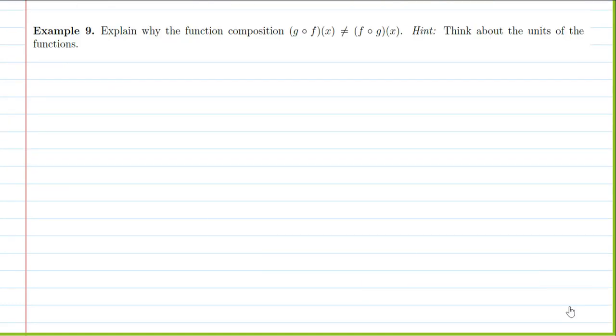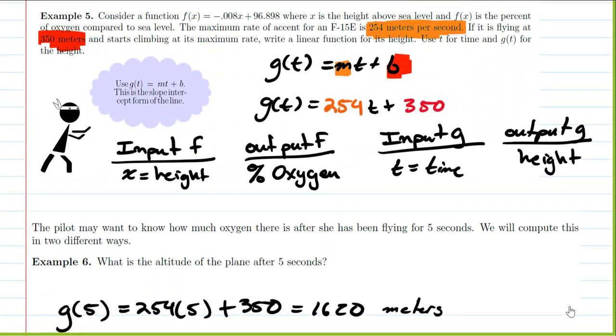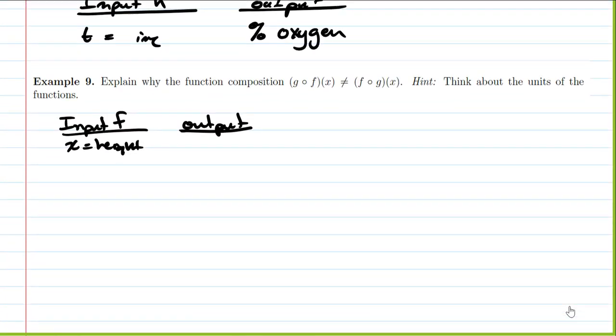So explain why the function composition g circle f of x does not equal f circle g. Think about the units of each. So we'd written down earlier what the units were for each. So the input for f was an x, which was a height, and its output was a percent oxygen.